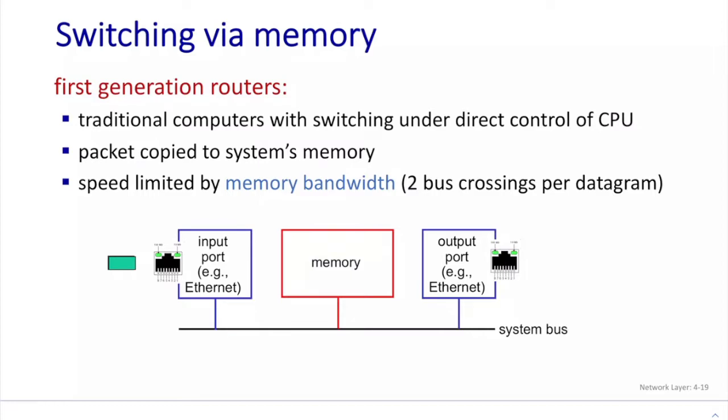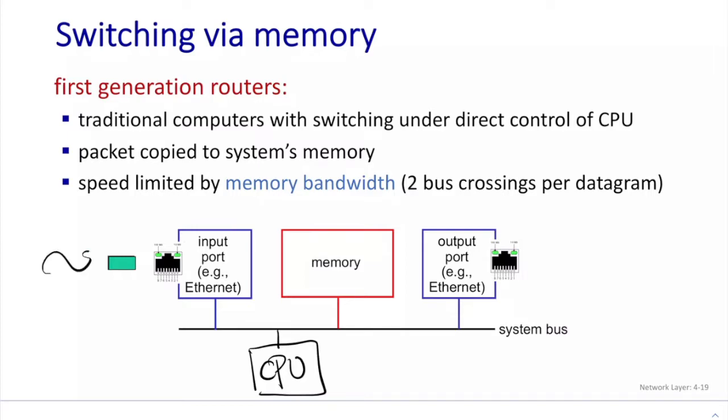That is the first generation of routers. The mechanism is very similar to a motherboard. We have a system bus, and every component communicates or exchanges messages with each other via the system bus. You can draw a CPU right here, because usually we have a CPU connected to the system bus as well. We have the I/O ports, input port, output port, and memory.